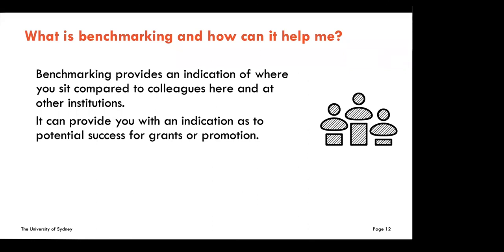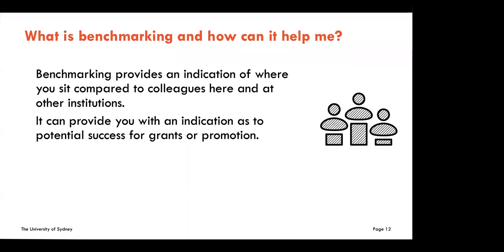Some librarians, like myself, prefer doing benchmarking a lot more than some of the others, but there's a standard level of benchmarking that we can do. And then with negotiation, we can go beyond that. Other things that benchmarking can do is it can provide you with an indication about how you're standing compared to people who have had success with grants.